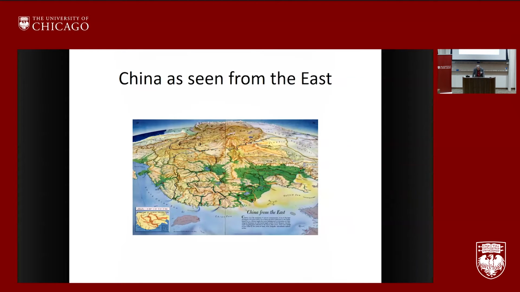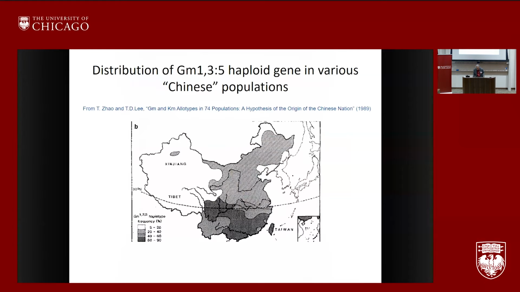In fact, many of today's Han people in South China in particular can be shown by many kinds of evidence, including now by DNA, to descend from assimilated indigenous peoples.